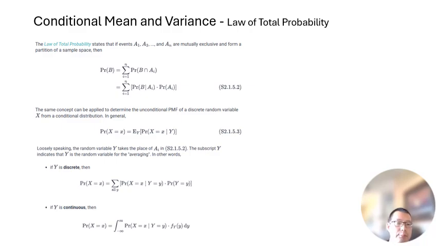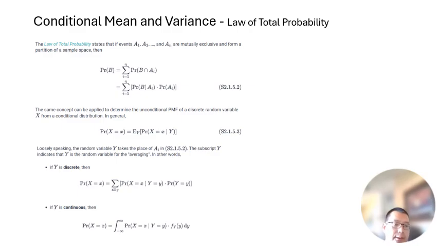The subscript y indicates that y is the random variable for the averaging. In other words, if y is discrete, then the probability of x equals small x is the sum of the probability of x equals small x given y equals small y times the probability of y equals small y, and you sum them up for all y.